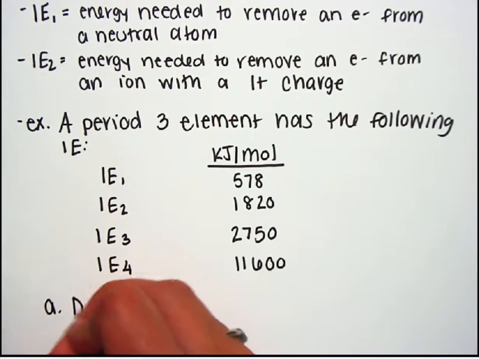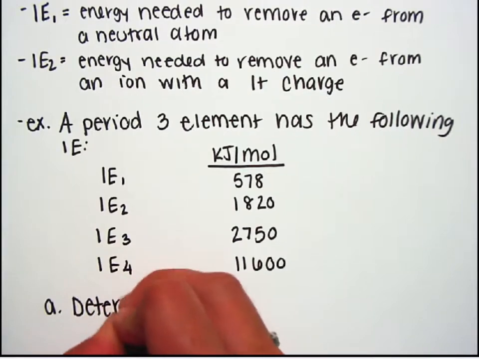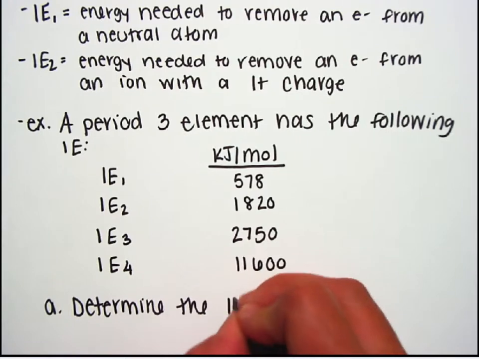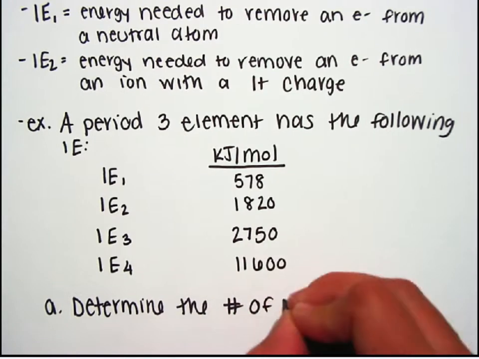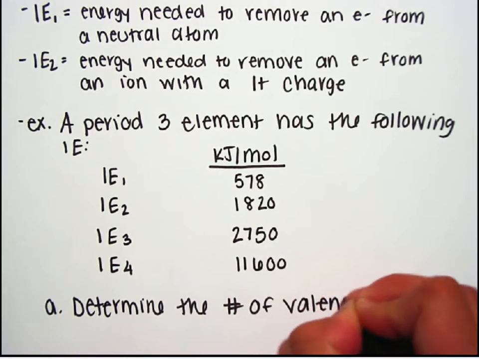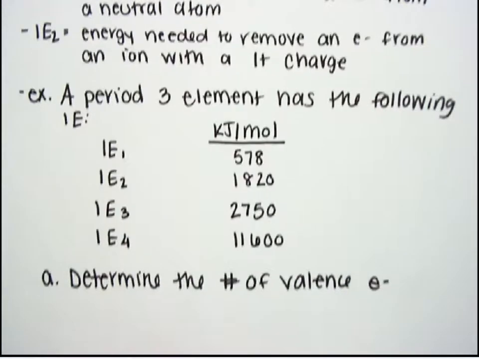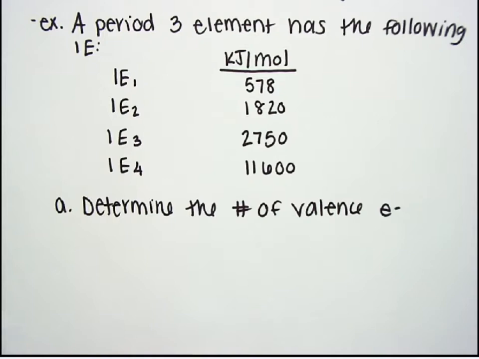So first, you need to determine the number of valence electrons. So there's an important trend to figure this out.